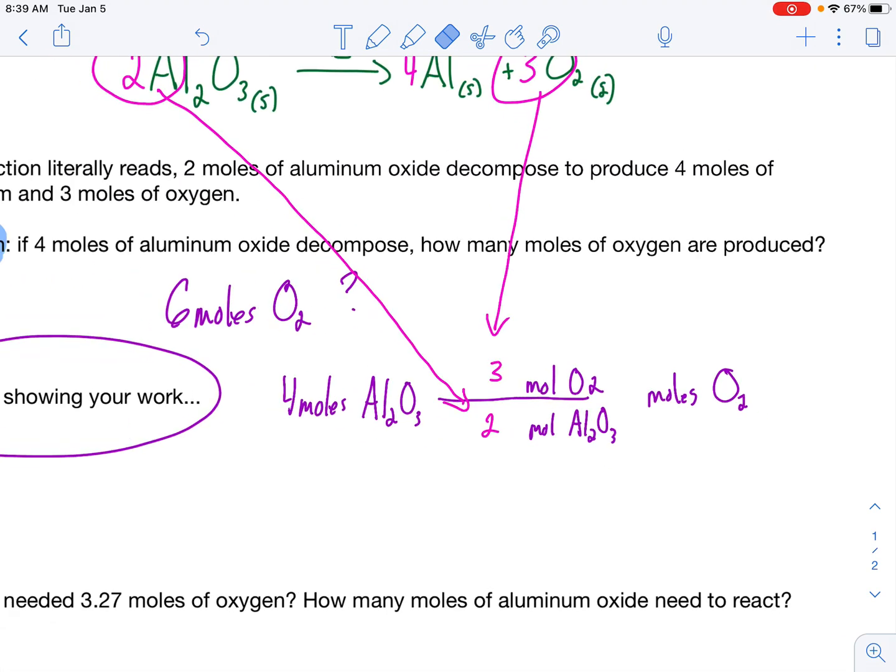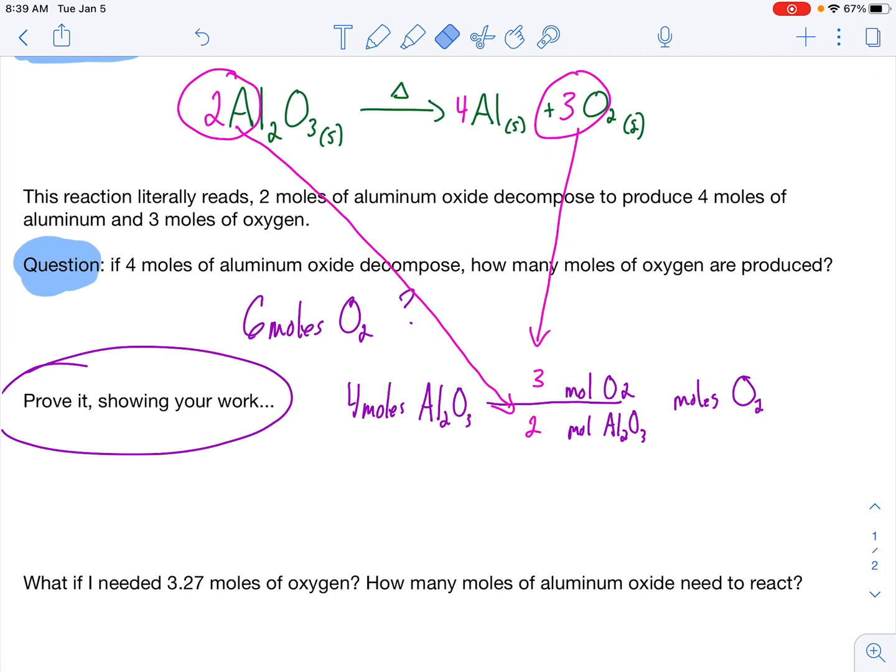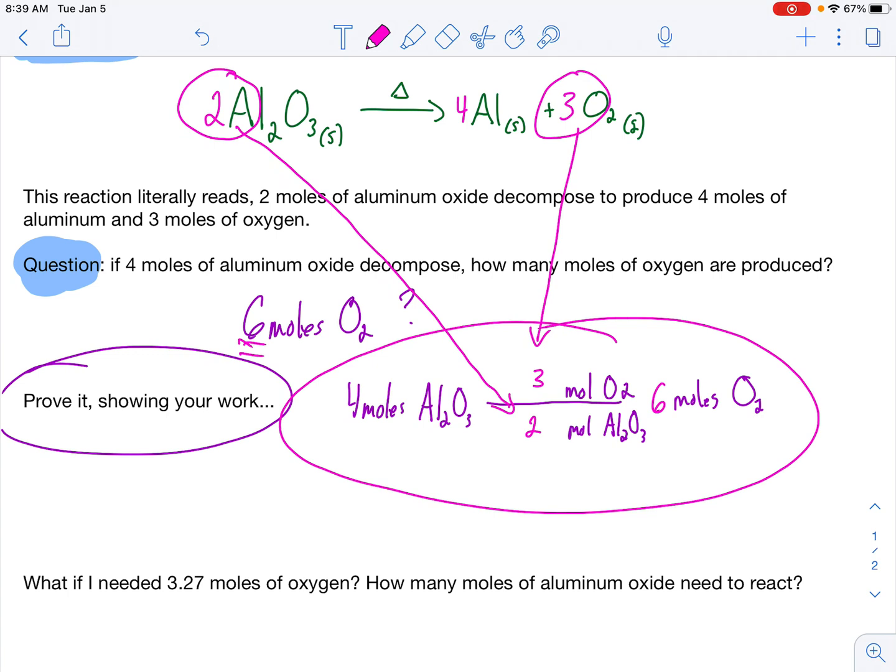Let's see what happens. Now, in terms of a calculation, we have 4 moles times 3 moles divided by 2 moles. All right, so 4 divided by 2 times 3, we get the same answer, 6 moles of O2. Okay, so we got the same thing we got up here just by using our brains because we just doubled it, but now we're proving it with calculation.